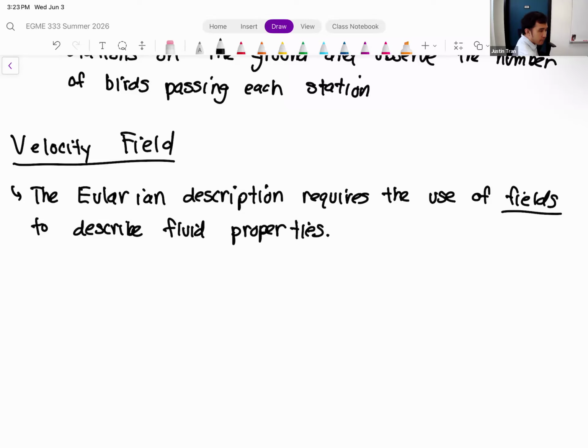So let's start by defining what a field actually is. A field, at least in mathematical terms, is nothing more than just a multivariable function. So it's going to be a function with multiple independent variables.